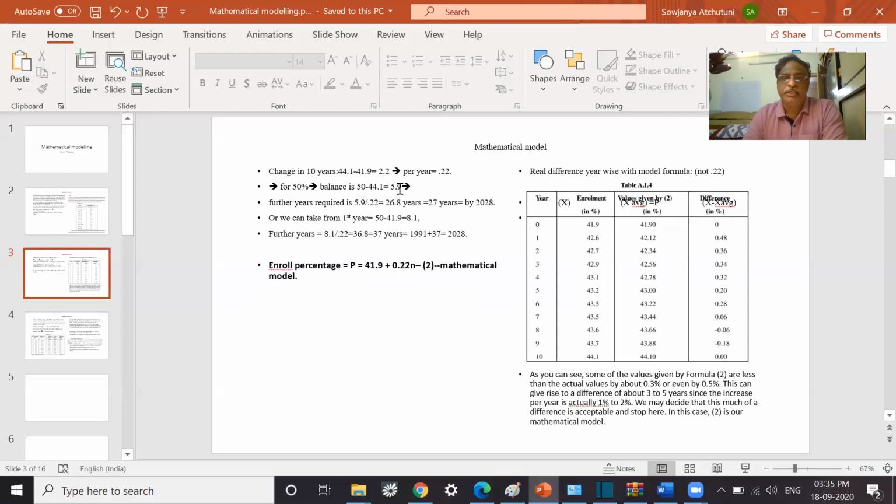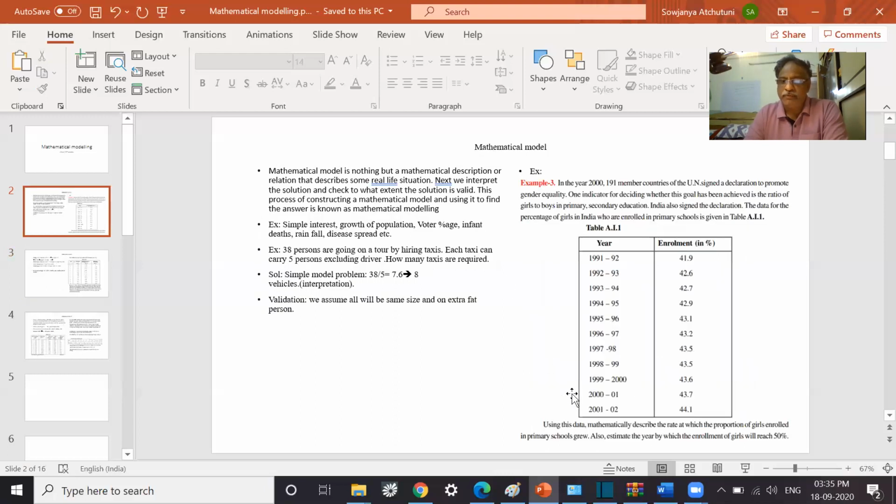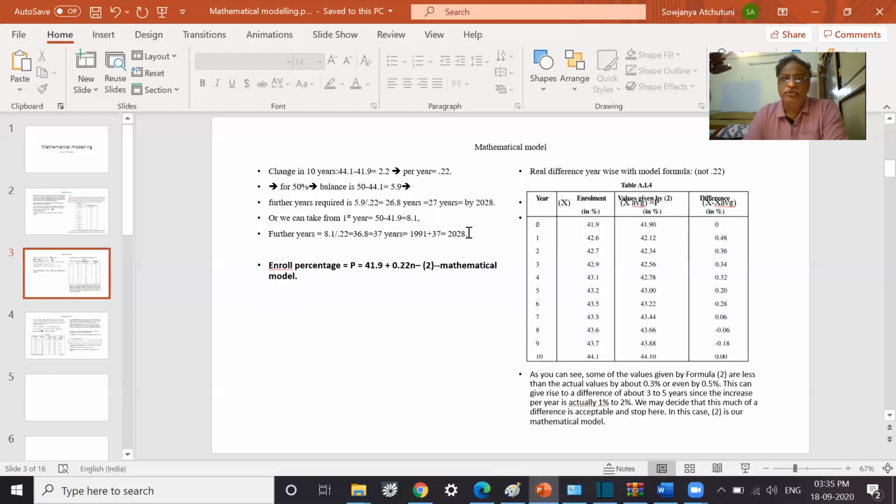It has to increase further. So 5.9 divided by 0.22 is equal to 26.8 years. That means 27 years. If we add 27 years to 2001, it will be 2028, when the girls population in primary school is 50%.